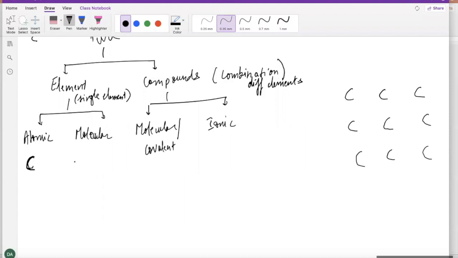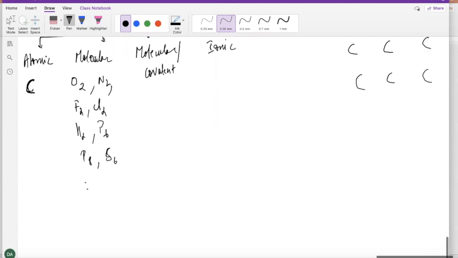Molecular element is when you have O2 or N2 or F2, Cl2, H2 or P4 or S8. When you take atoms and combine them, O2 means one oxygen bonded to another oxygen, and of course you can have lots of them in a container.